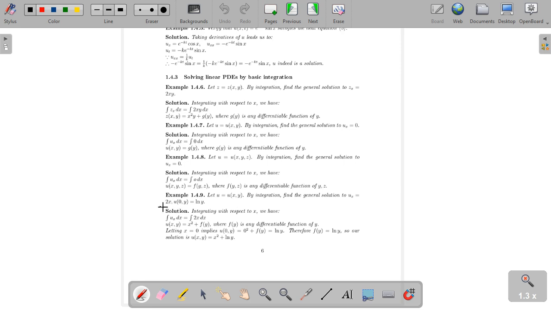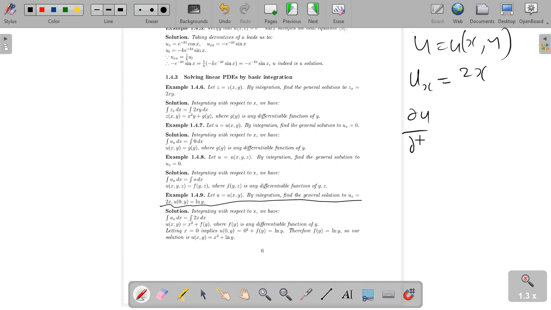So we have that our u is a function of x and y. Okay, and they gave us that u sub x is equal to 2x. So the same thing, this means partial u partial x is equal to 2x. So if you integrate, the integral of partial u partial x with respect to x is equal to the integral of 2x with respect to x.